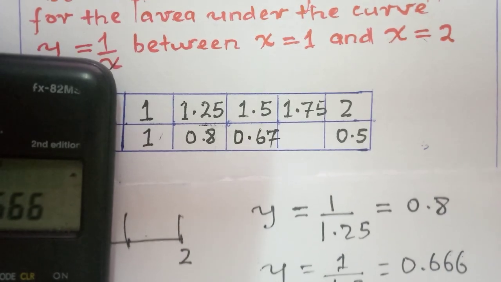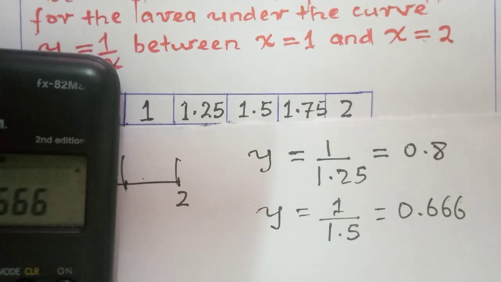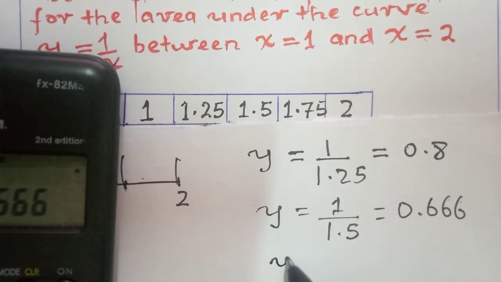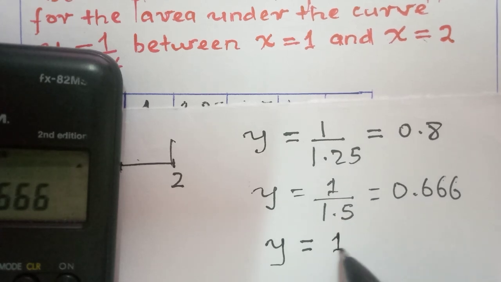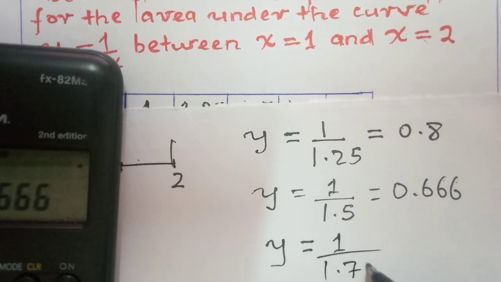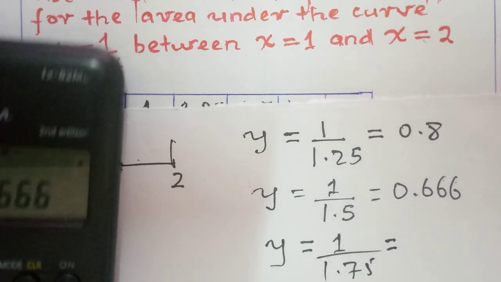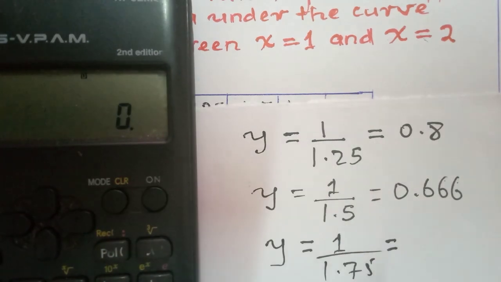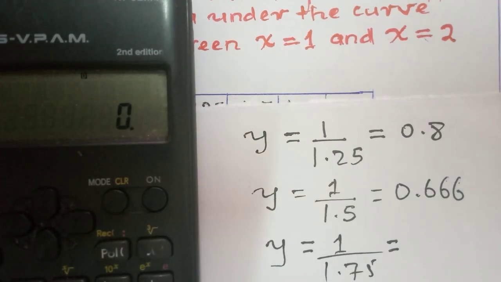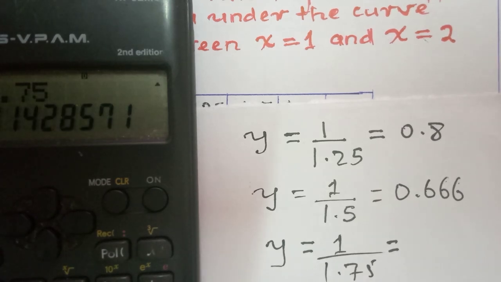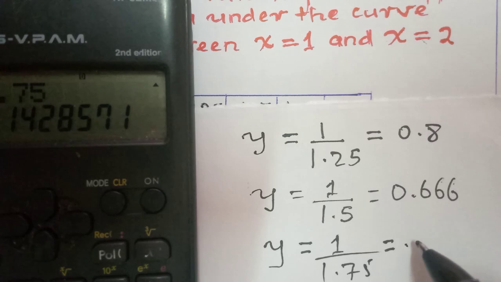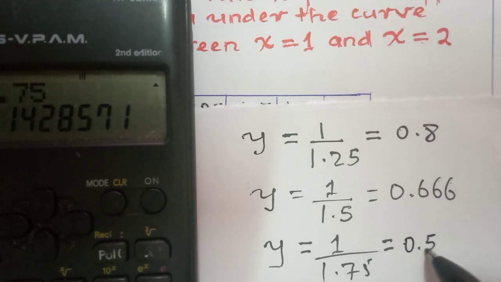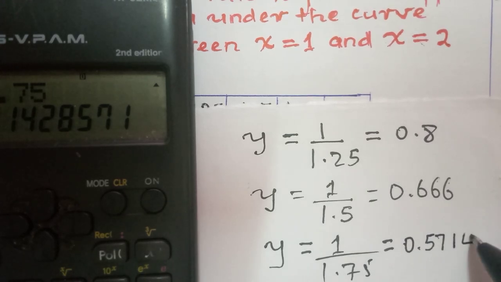Then I go to 1.75. This will be y equals 1 all over 1.75. This gives me 1 divided by 1.75, which is 0.5714.